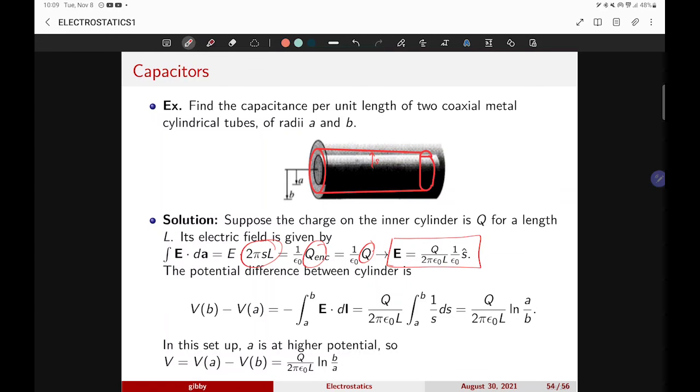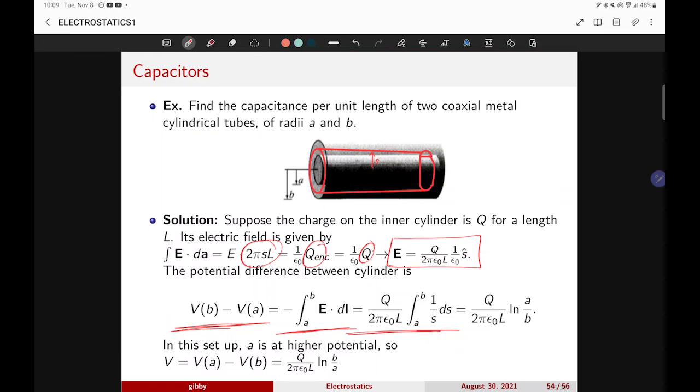Once you have the electric field, you can easily get the potential difference. So that's VB minus VA. So you get this formula for the potential difference, just the line integral of the electric field going from point A to point B. So you get this expression.